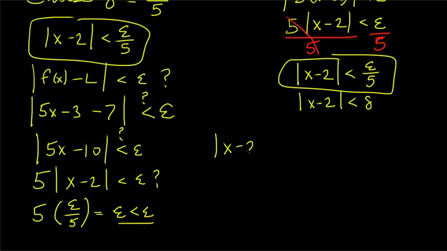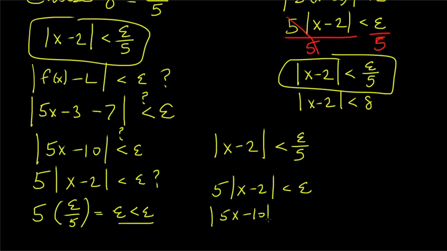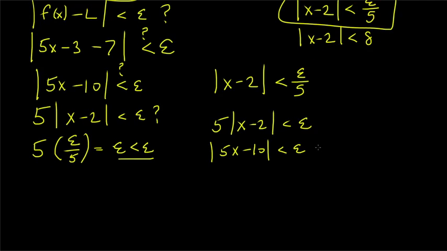In other words, x minus 2 is less than delta, and remember we said that delta is epsilon over 5. If you just multiply both sides by 5, working backwards, and then pull the 5 inside, and, you know, 5x minus 10 is the same as 5x minus 3 minus 7.